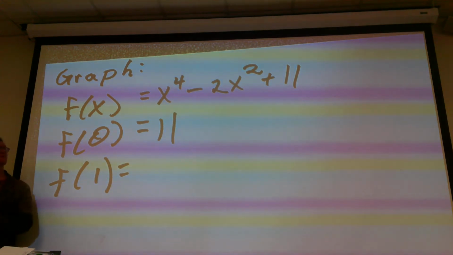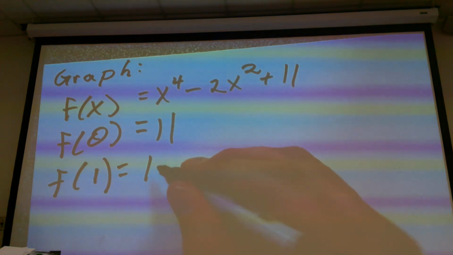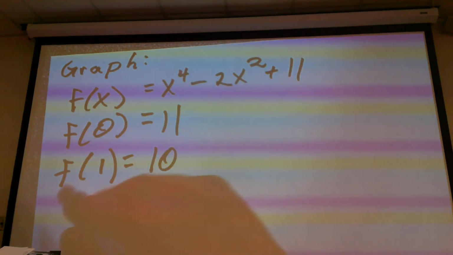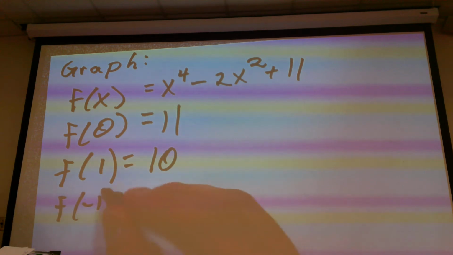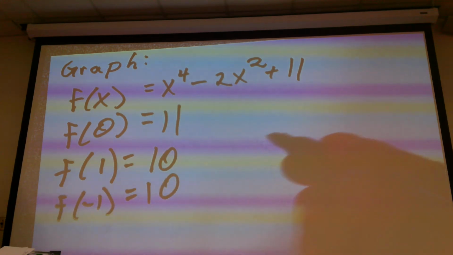Now f of 1 is 1 to the 4th minus 2, so that's negative 1. And negative 1 plus 11 is going to be 10. And f of negative 1 is also going to equal 10.